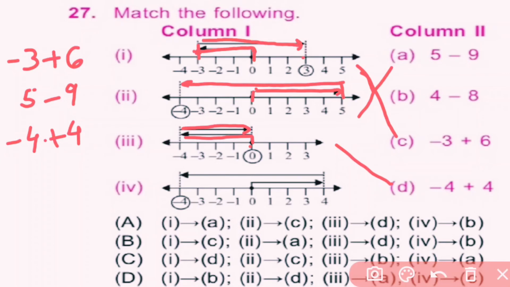And option 4, from 0 to 4 means 4. And from 4, this direction means minus. And from 4 to minus 4, there are 8 units. So for 4, B is correct answer. B is correct answer here.